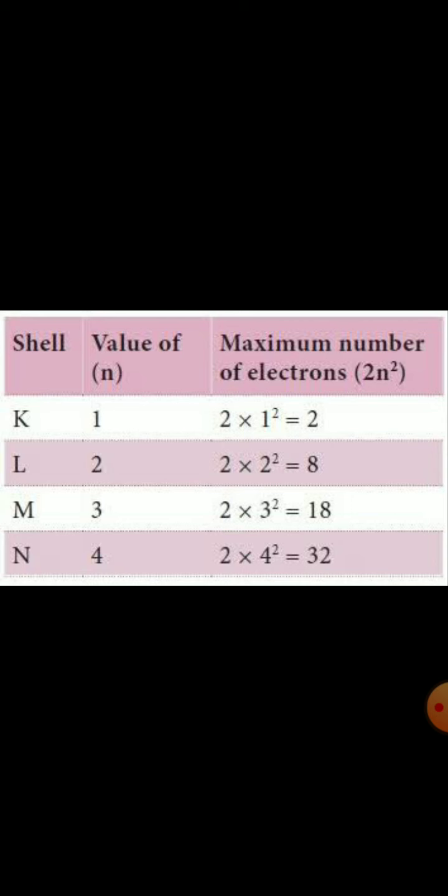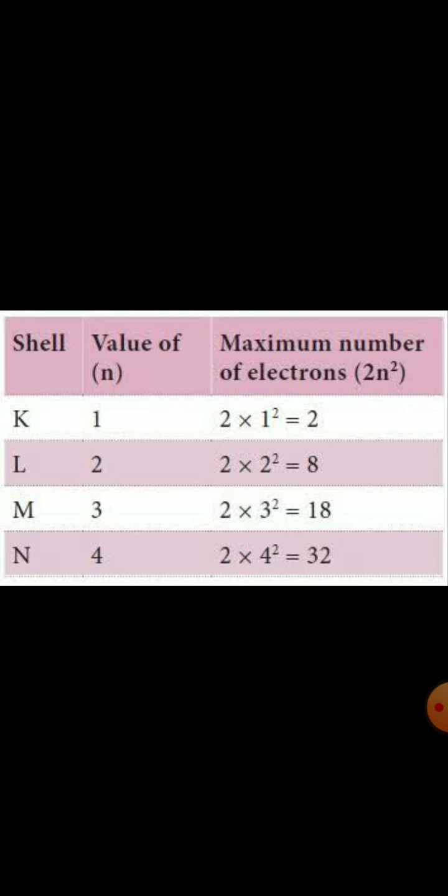Let us see the table and find K. K is the first shell. n represents the number of the shell. So here n is equal to 1. Now the formula is 2n square. So 2 multiplied with 1 square. 1 square is 1, multiplied with 2 is equal to 2. This means it is concluded that in the first orbit a maximum of 2 electrons can be filled.